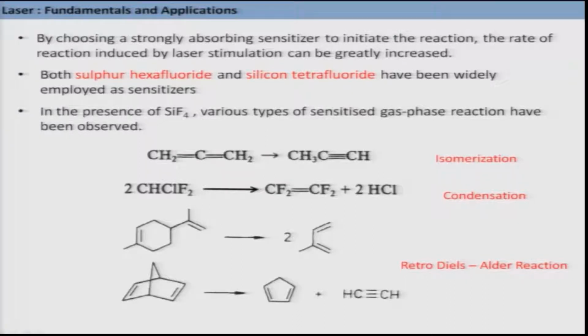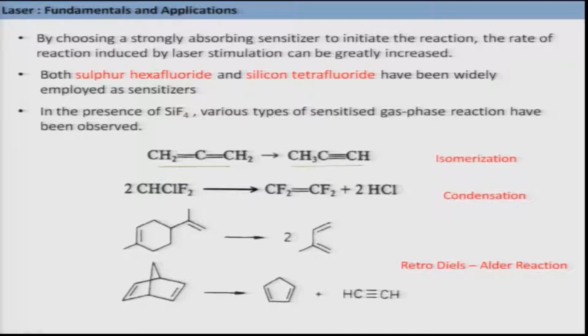One example is here. You have an allene molecule here, and this allene is isomerized into this propyne, or methyl acetylene.